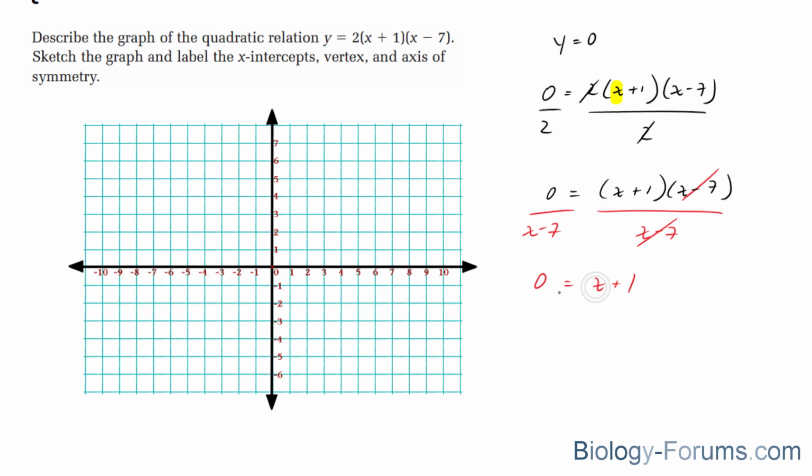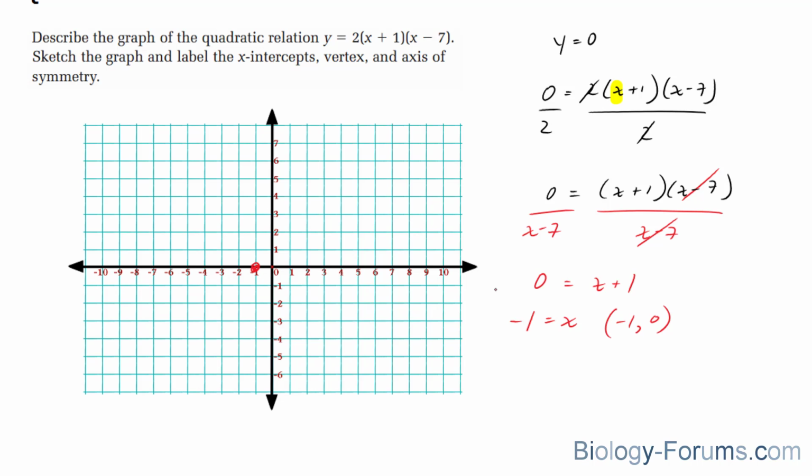And to solve for x, we would bring this 1 over, and you would end up with -1 = x. So therefore, the coordinates of our first point would be (-1, 0). And we can do the same thing. We can actually plot this right now. (-1, 0) is right there.